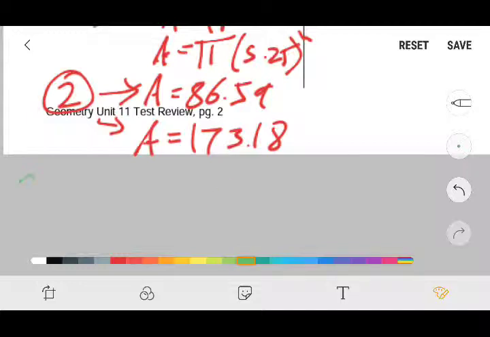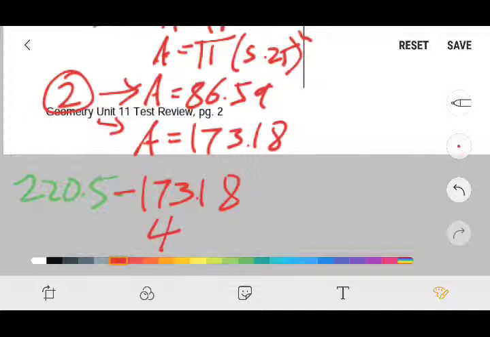So it's 220.5 minus 173.18. So the answer is 47.32.